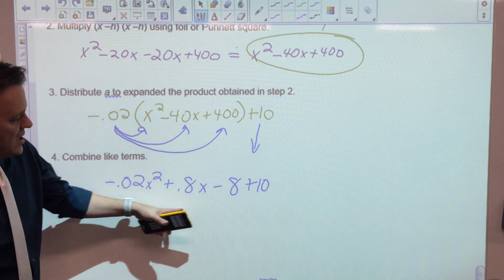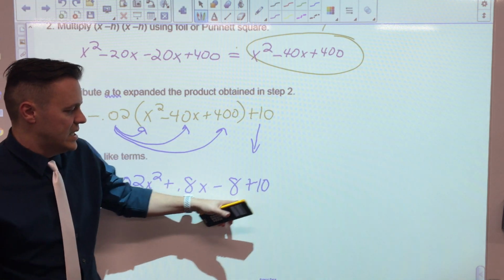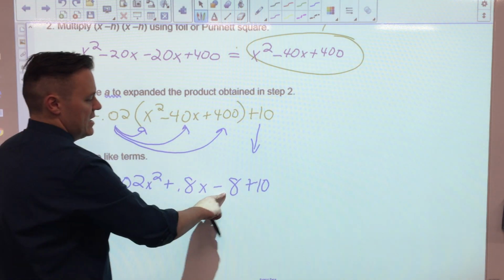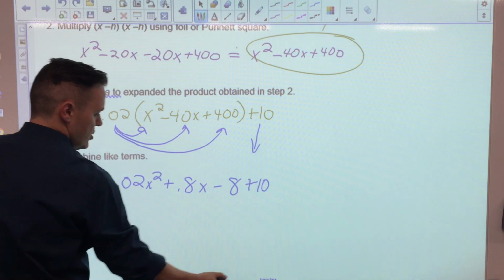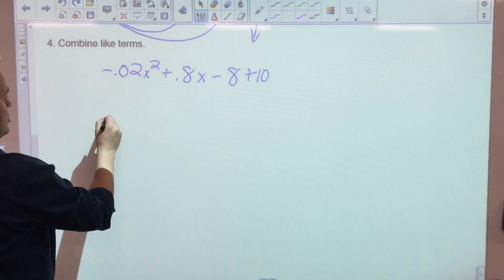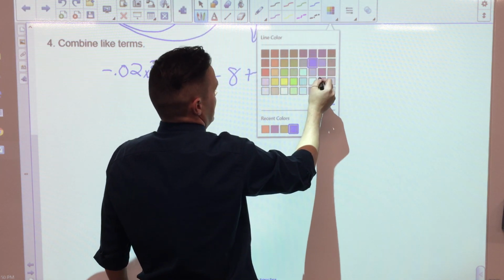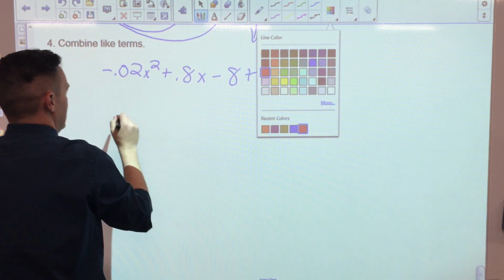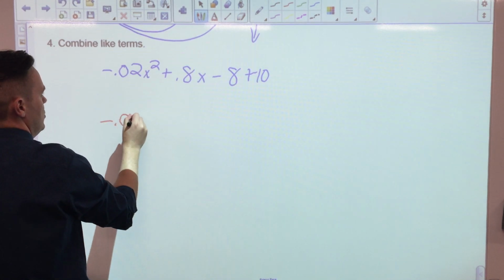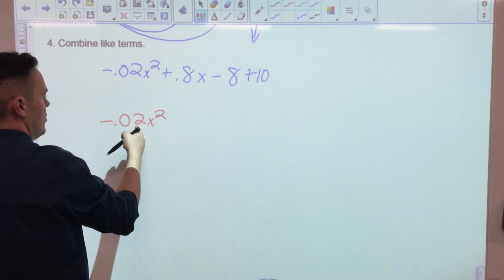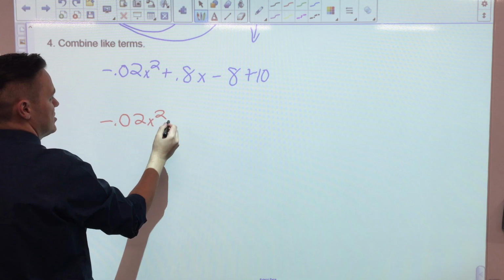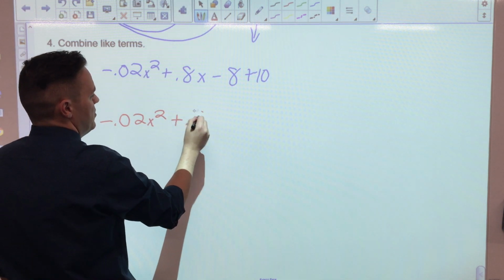Ladies and gentlemen, the final step is to simplify this piece right here. Negative 8 plus 10 is, you guys are fully aware, 2. So my final piece of the puzzle, let me change colors one last time. We'll go with red again. Negative 0.02x squared. Sorry, it's been a long day.